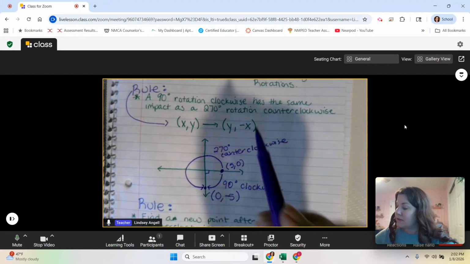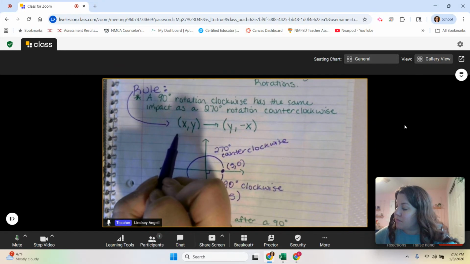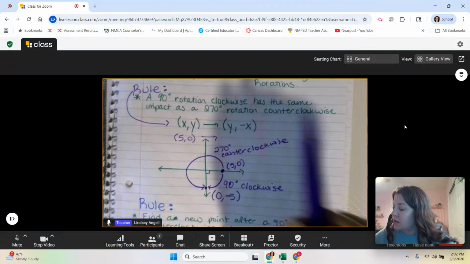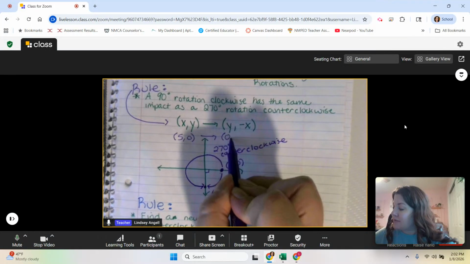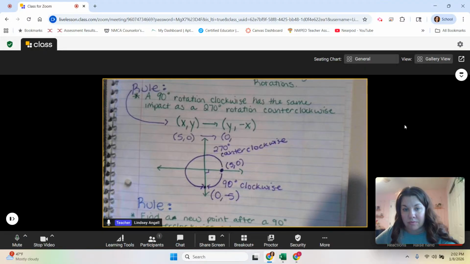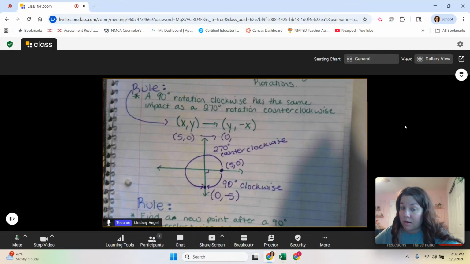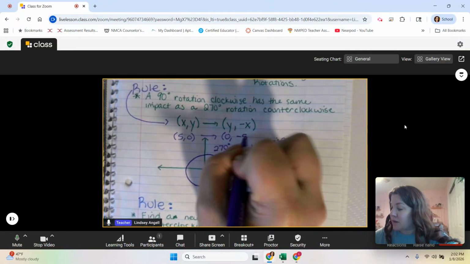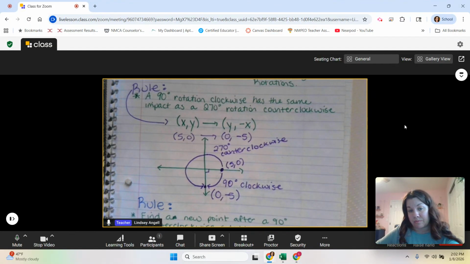So notice, if we do that same method up here, 5, 0 for our original one, now I have 0 as my x value, or it was the y value from before, and the opposite of my x value, so now that's -5. Hopefully that helps you see that example.